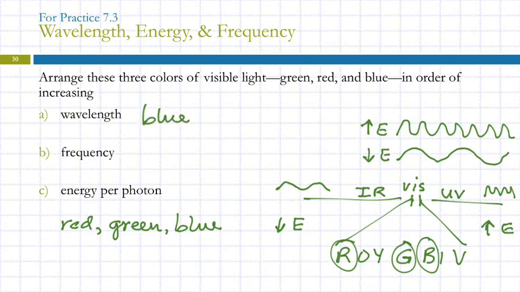I know, it'll just twist your brain in circles and knots. Short wavelength. It's a short distance. So this is the shortest wavelength, and the wavelengths get longer as you go the other way. So we've got blue, and we're going to the left this time, and then green, and then red.